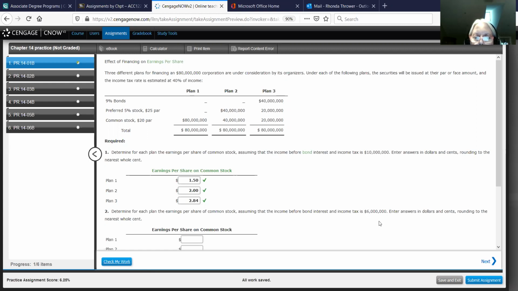This time we're going to start with $6 million. I've got an Excel spreadsheet that I can show to you for that, so I'm going to stop sharing this and go to the Excel spreadsheet and share that with you. I'm going to go to the second part, which was requirement number 2.